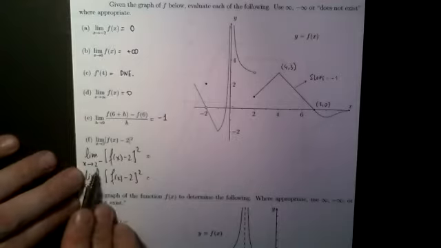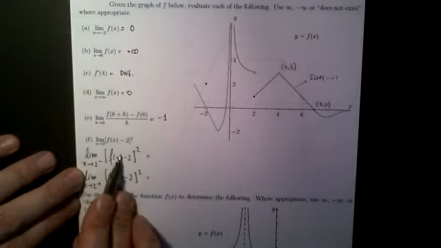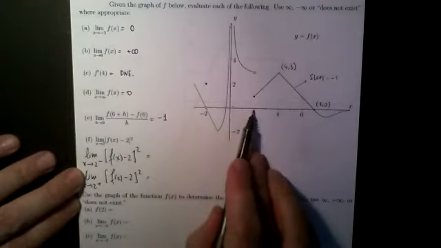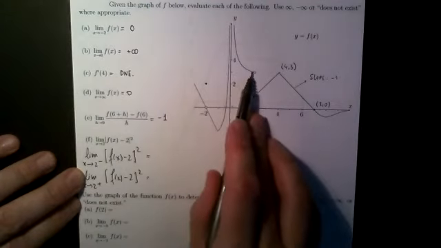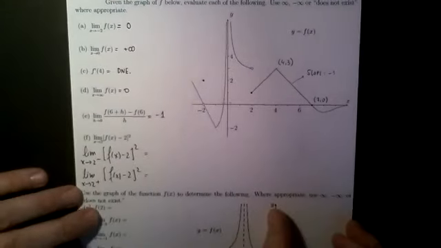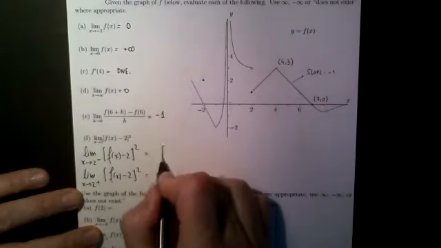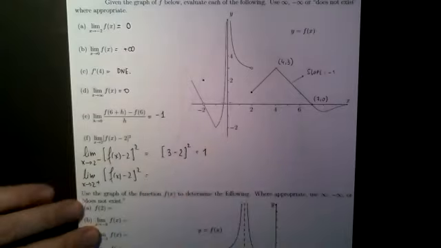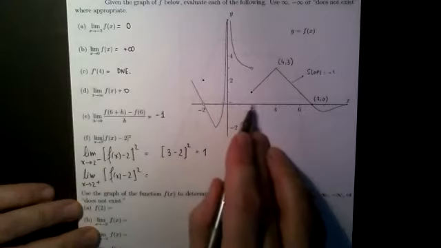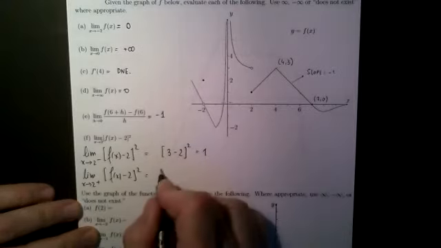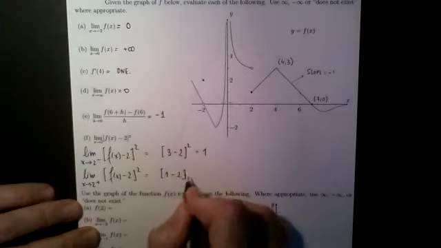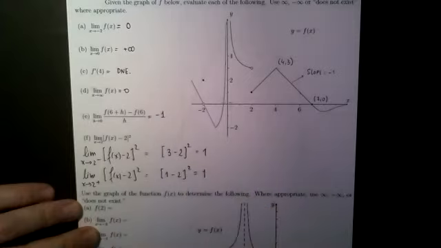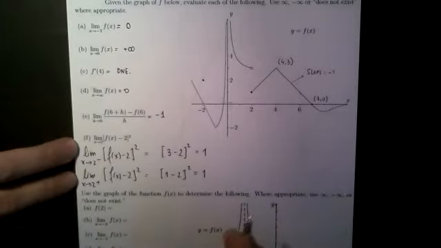Okay, so from the left here, if I approach 2 from the left, then it's approaching 3. 3 minus 2 squared, that's 1. And if I approach from the right, it's approaching 1 minus 2 squared. That's also 1. So from the left and from the right, it's 1.